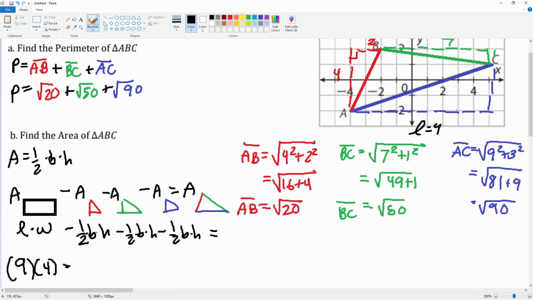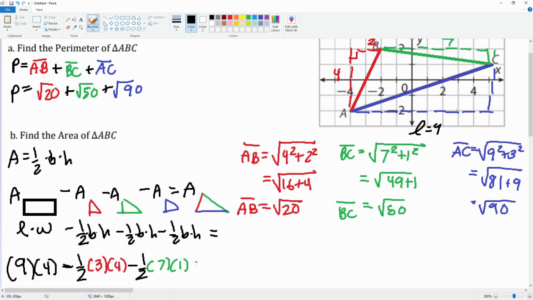We're going to minus 1/2. Let's do the red triangle first. Its base there was 3 and the height here was 4. Now let's do the green triangle. Minus 1/2. The base for that is 7 and the height here is 1.